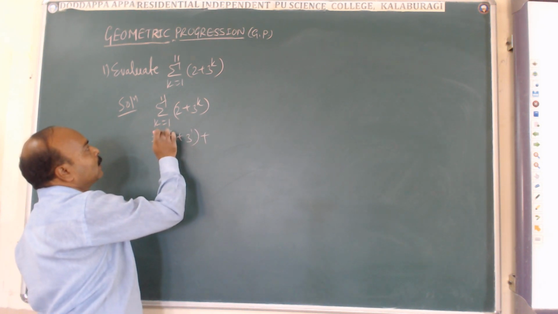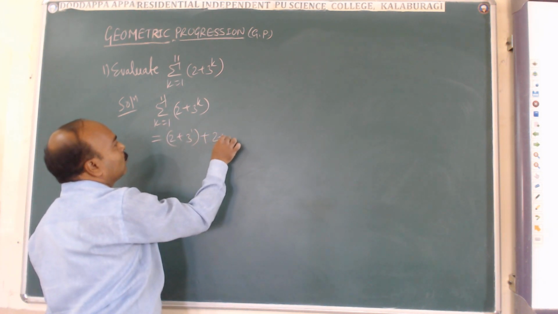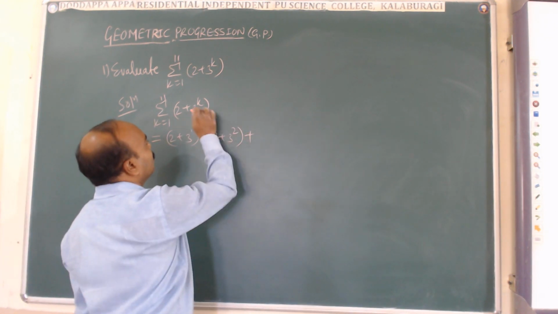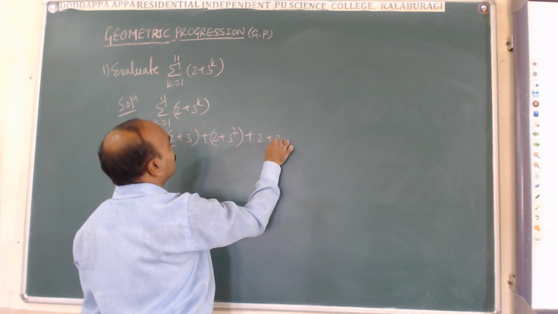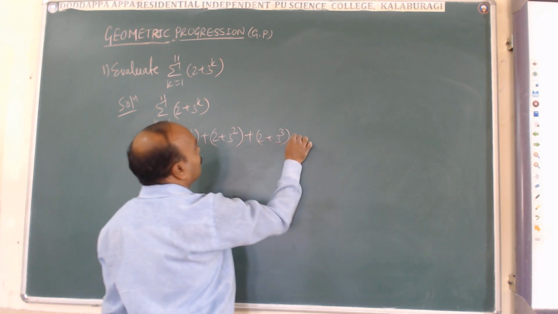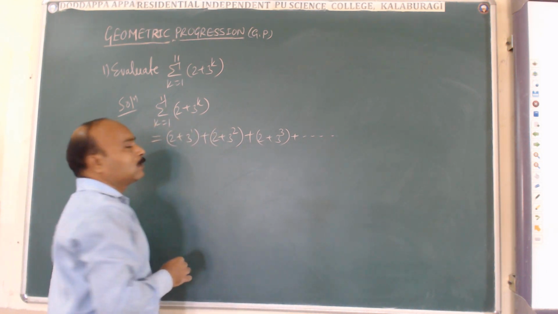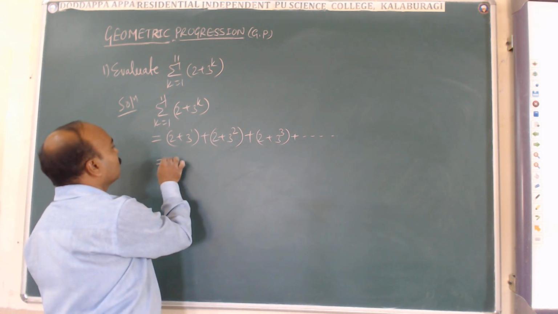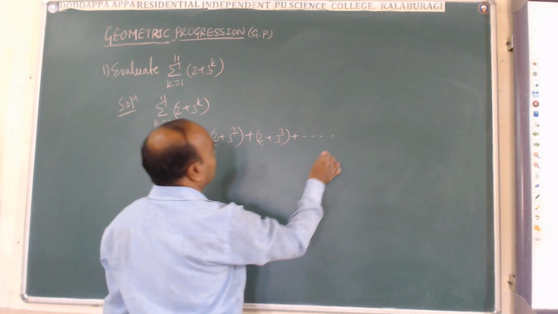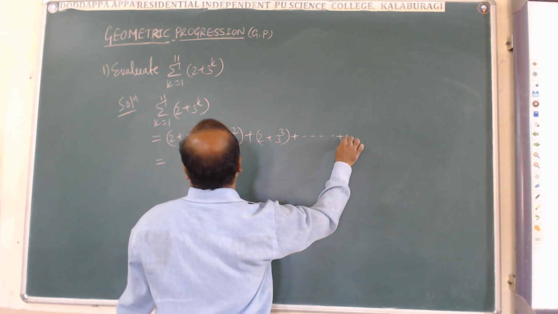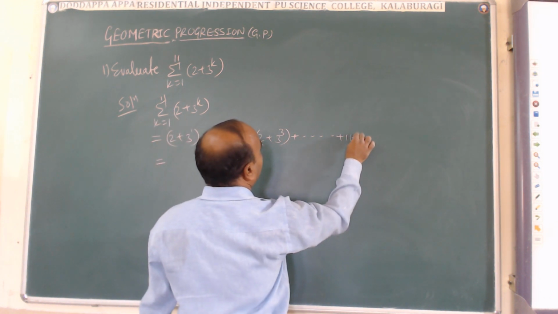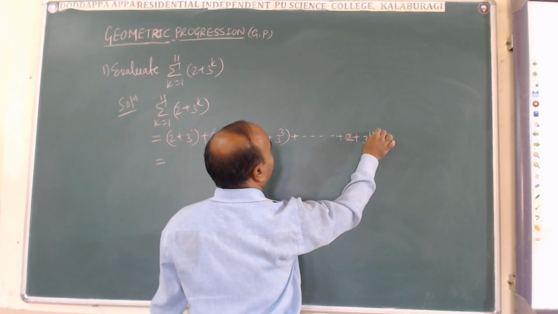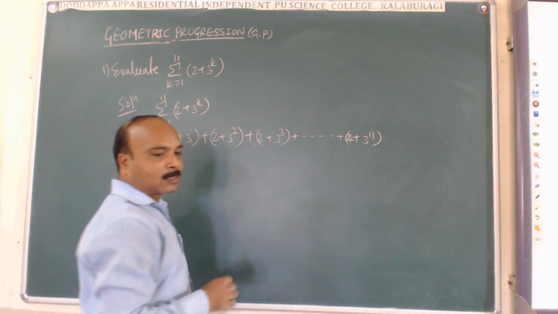Next term, if you take k equal to 2, you get 2 plus 3 power 2, plus if you take k equal to 3 it is 2 plus 3 power 3, and so on up to the last term, k equal to 11, which is 2 plus 3 power 11, the last term of this sequence.